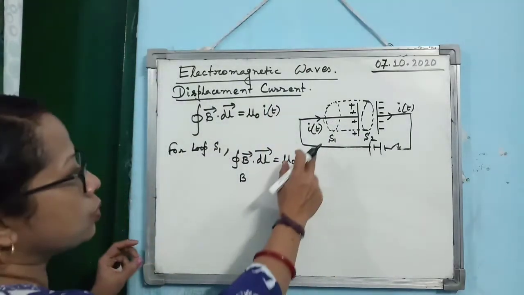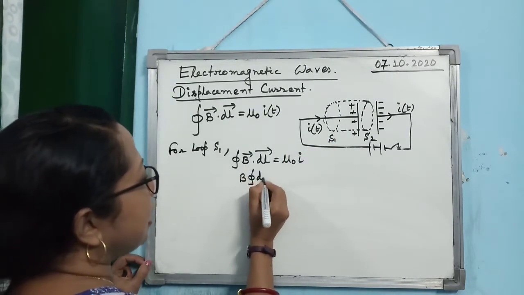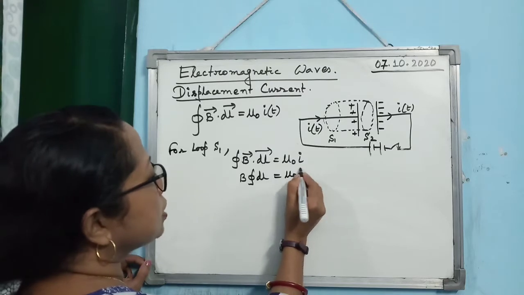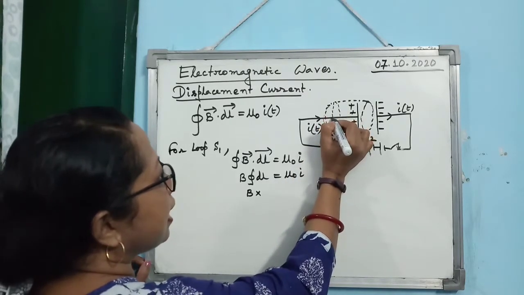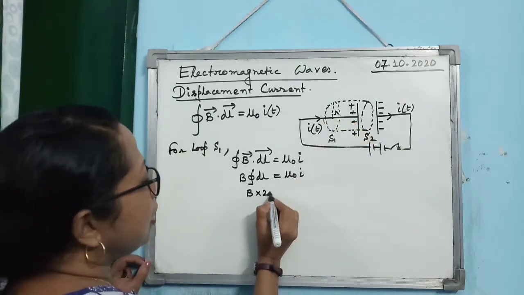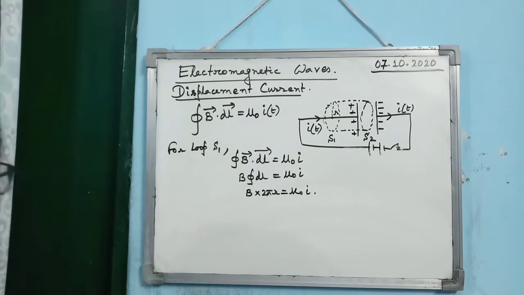So you can write B into integration dl equal to mu 0 I, and if r is the radius of the loop, B 2 pi r equals mu 0 I.